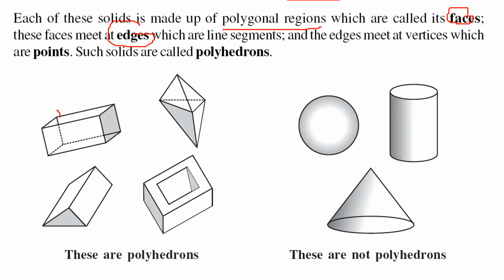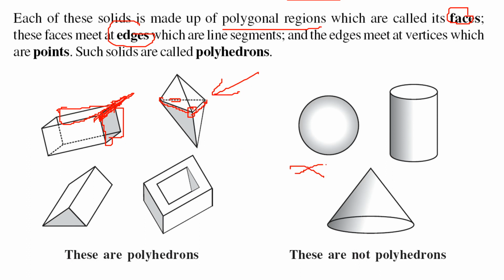For example, this is a face, this is a face. When they meet, this becomes an edge, which is actually a line segment. And when the edges meet, see, this is an edge and this is an edge. When they meet, this becomes a point. Therefore these solids are called polyhedrons.